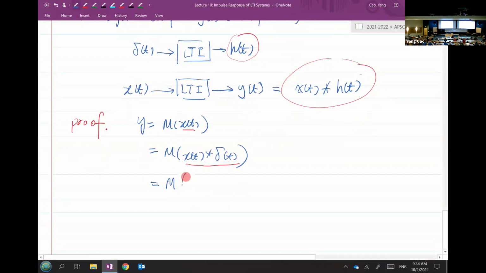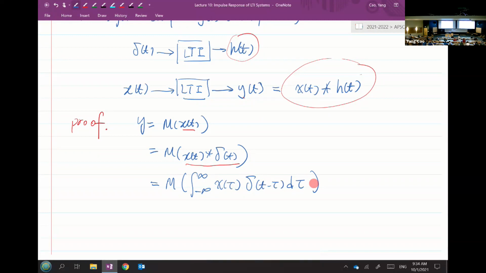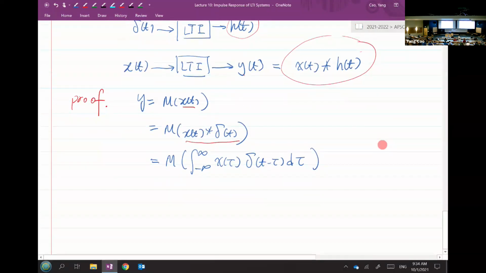Then the input now becomes x of t convolved with delta of t, and I'm going to apply the formula for convolution: the integral from negative infinity to positive infinity of x of tau times delta of t minus tau, d tau.